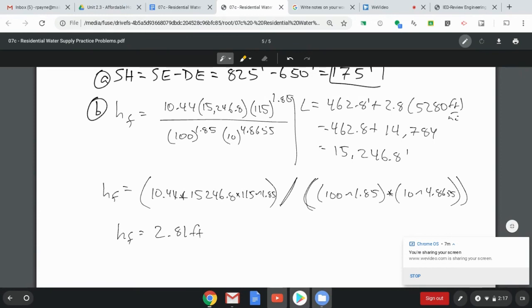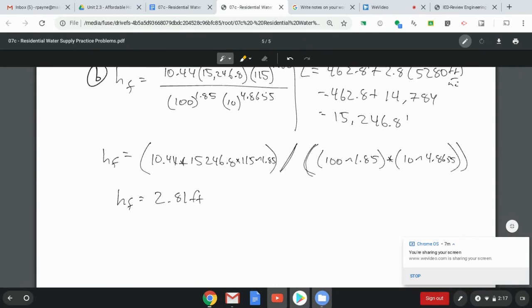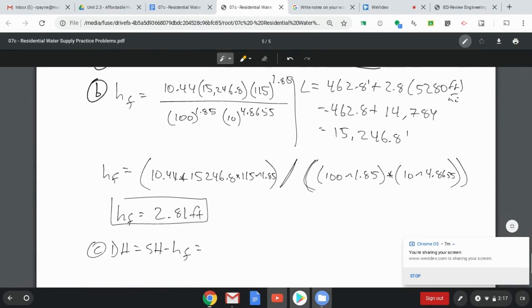All right, so there we have that. The dynamic head is equal to the static head minus the head loss. So remember, it's 175 feet minus 2.81 feet, and you should get 172.19 feet.